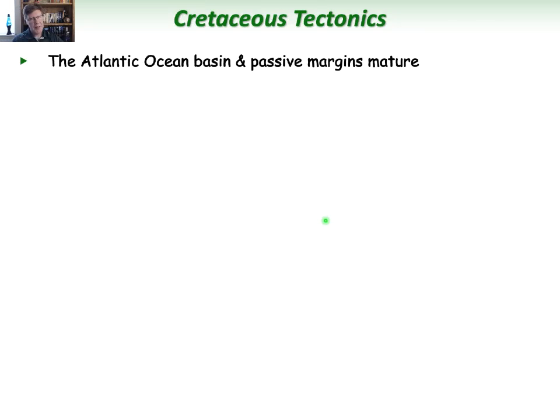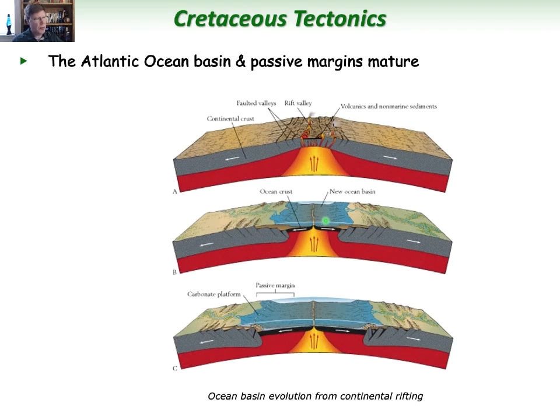Well, if we look at the Atlantic Ocean basin a little more closely, as rifting progresses, the margins of this ocean basin are passive margins. It's passive because there's no major active tectonics going on. The tectonics are the extensional tectonics of the mid-ocean ridge here.